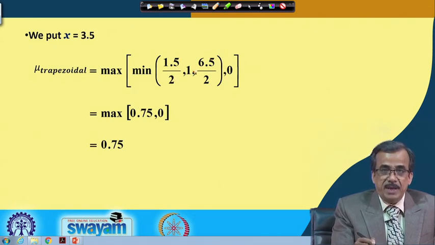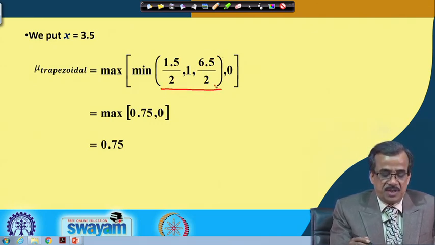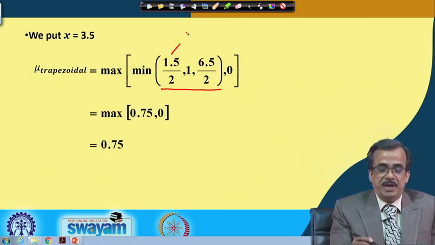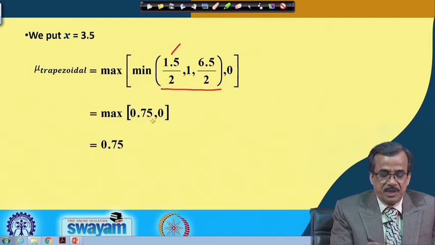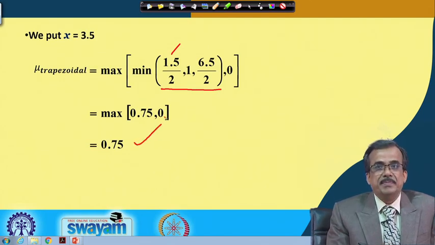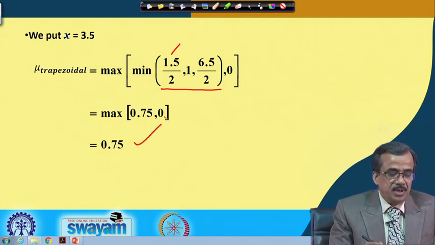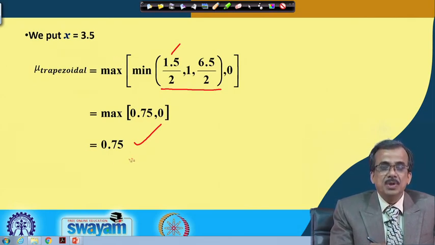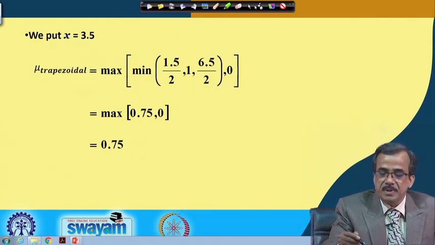So, the minimum among these 3 is nothing but 0.75, that is 1.5 divided by 2, and now we will have to compare 0.75 and 0 and find out the maximum, and that is nothing but 0.75. So, the value for mu trapezoidal is equal to 0.75.